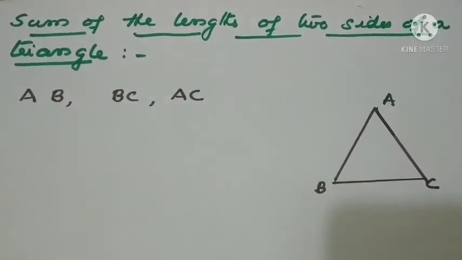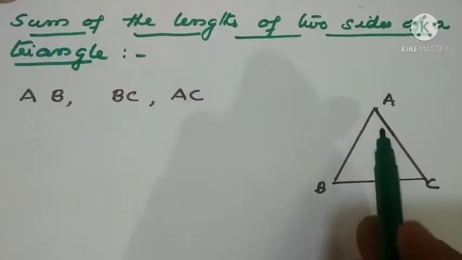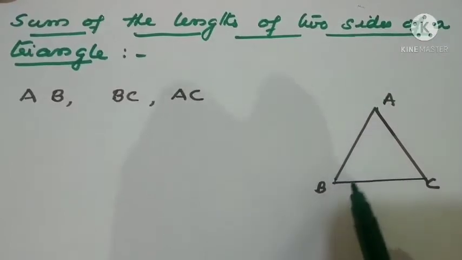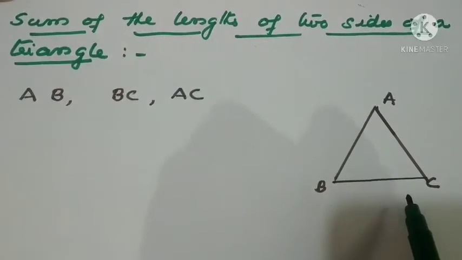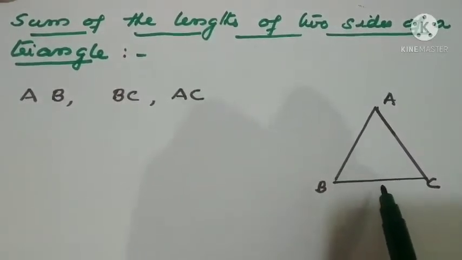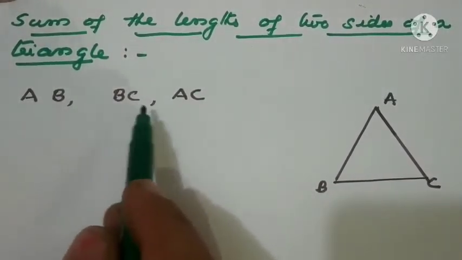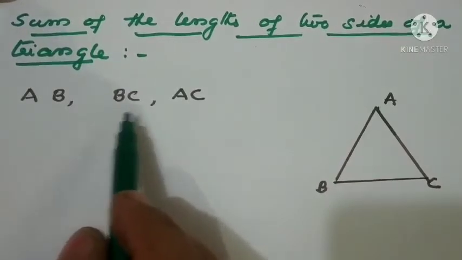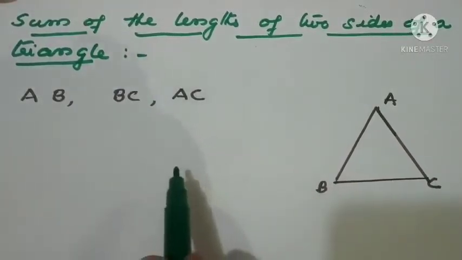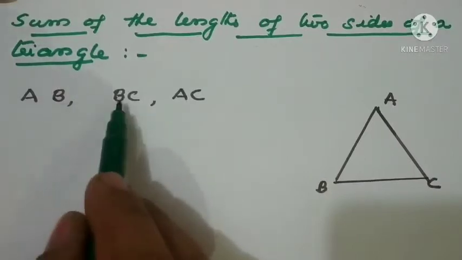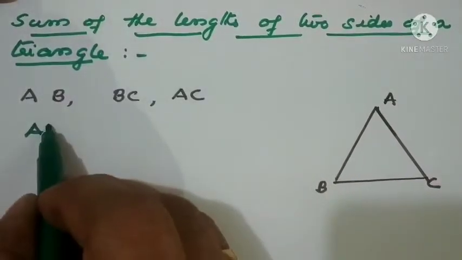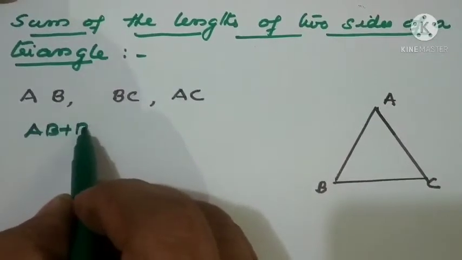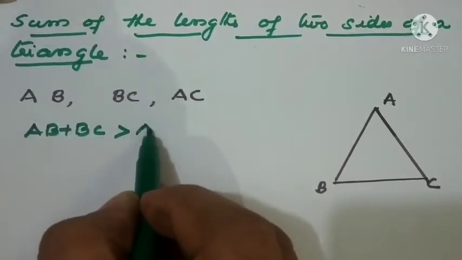Next topic, sum of the length of the two sides of the triangle. So when we are having a triangle, the sides, as you know, are AB, BC, AC. We already completed our practical geometry chapter. That means you must know that this condition must be satisfied here. So AB, BC, AC, what is the condition? AB plus BC, that is sum of any two sides of this triangle, should be greater than the third side.